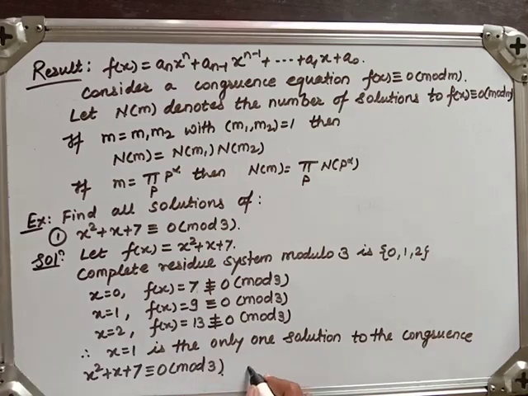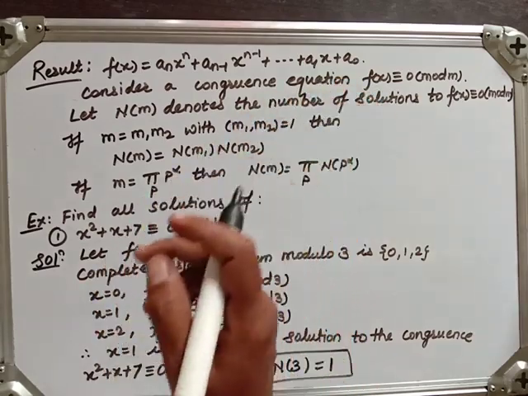And from this we can say n of 3 will be 1 here. As such you can find this.